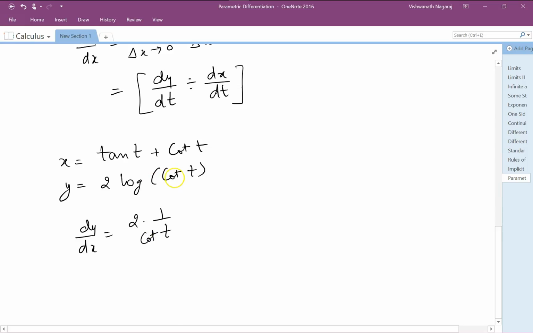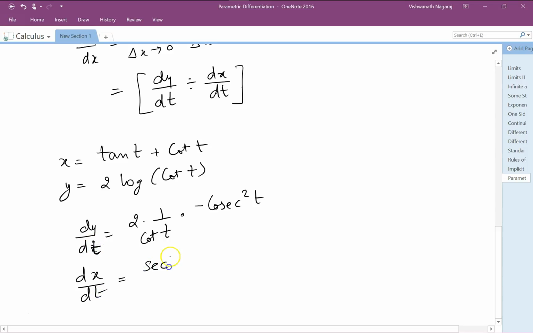See, log u, so 1 by u, and u is cot t. So 1 by cot t times the derivative of cot t. So the derivative of cot t is minus cosec square t. This is dy by dt.